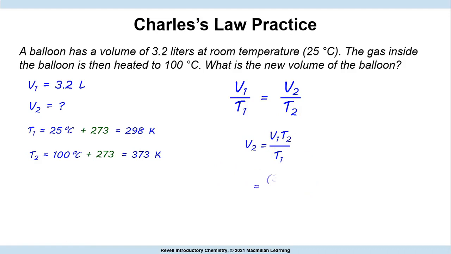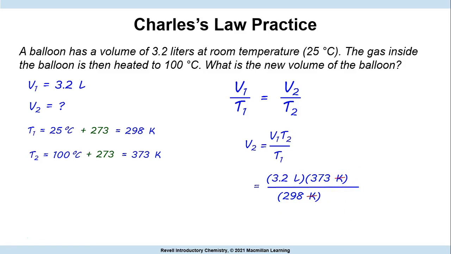So let's substitute. Our V1 is 3.2 liters, T2 is 373 Kelvin, and T1 is 298 Kelvin. So Kelvin at the numerator and at the denominator, we cancel it out, and we are left with our unit of volume.